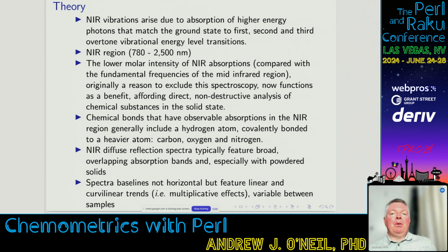The chemical bonds that we tend to see in the near-infrared region generally include a hydrogen atom, which is covalently bonded to a heavier atom, and that's typically carbon, oxygen, and nitrogen. And the NIR diffuse reflection spectra typically have overlapping absorption bands and non-linear baselines.